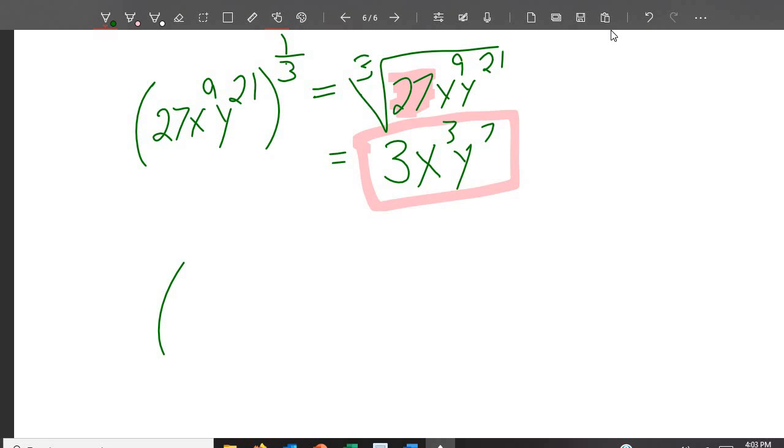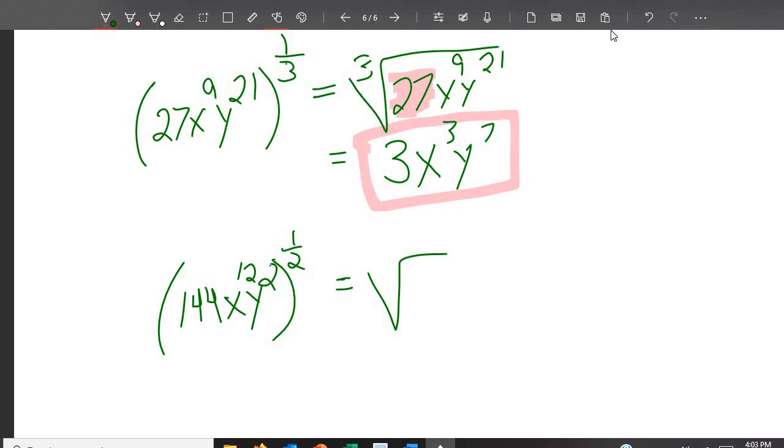Let's say I had 144 x to the 12th, y squared, and I put a 1/2 here. That means square root of 144 x to the 12th, y squared.